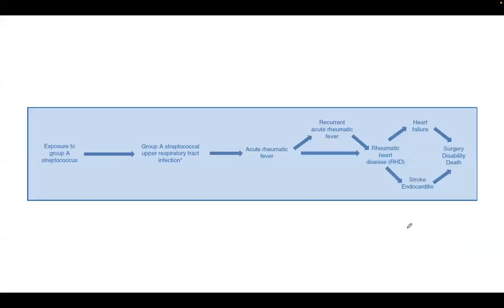Now, there is a very important figure found in your textbook. It shows the exposure to the group A streptococci, so that is the initiating event. This can either be an upper respiratory tract infection, URTI, particularly pharyngitis, or tonsillopharyngitis.